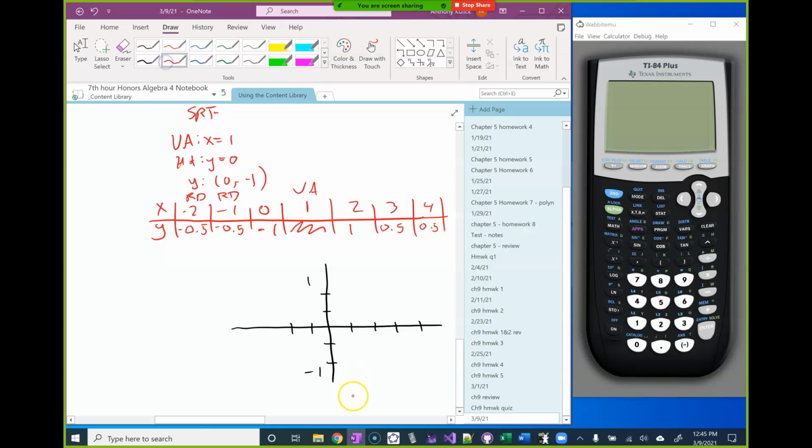So -2 and -1/3, make sure I use an open circle. -1 and -1/2, make sure I use an open circle. 0, -1, closed circle. So there's that side. And then 2, 1, 3, 1/2, and 4, 1/3. So there's that end.